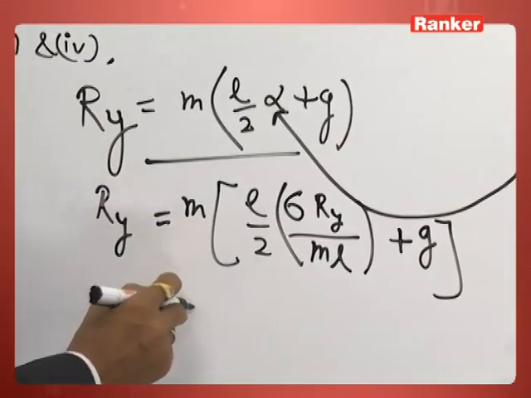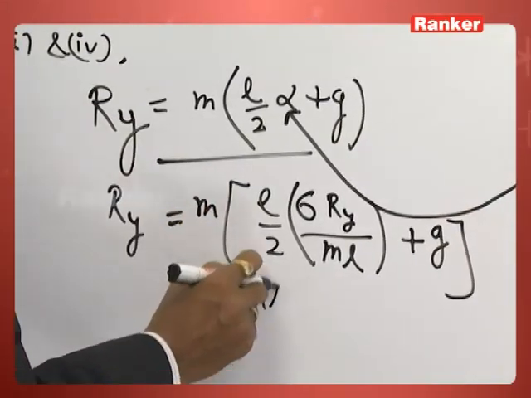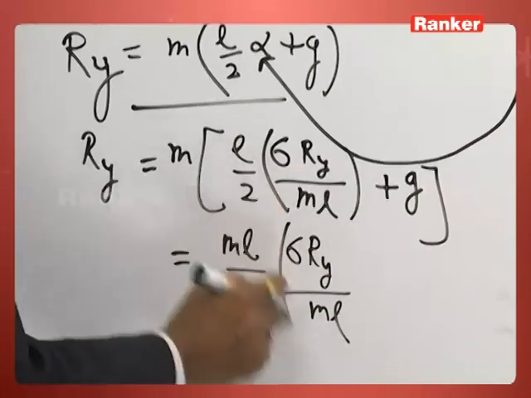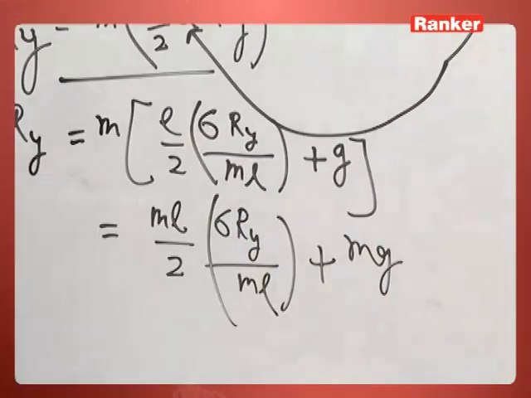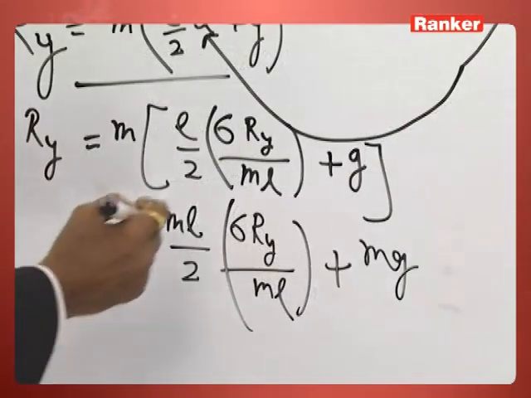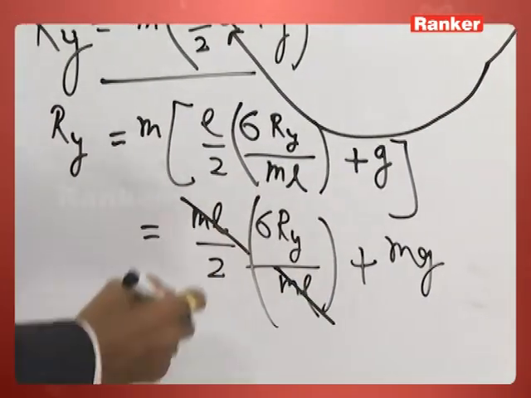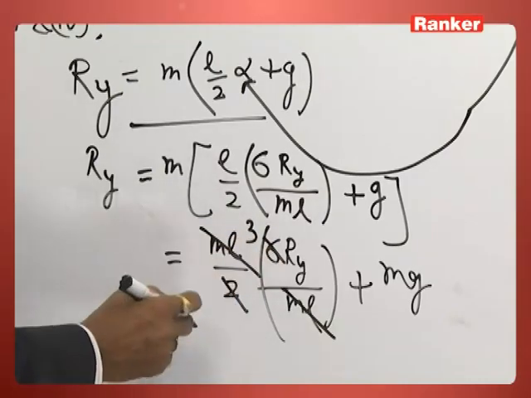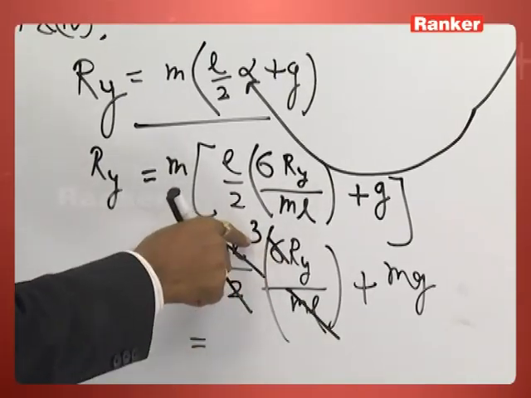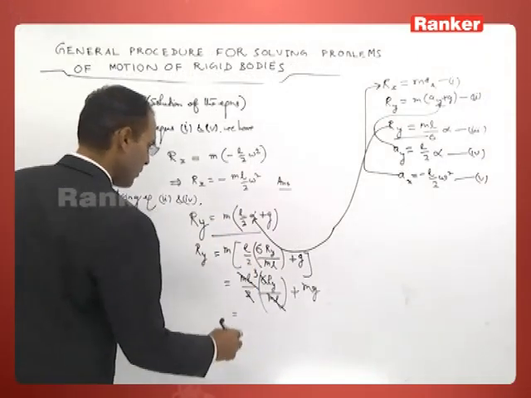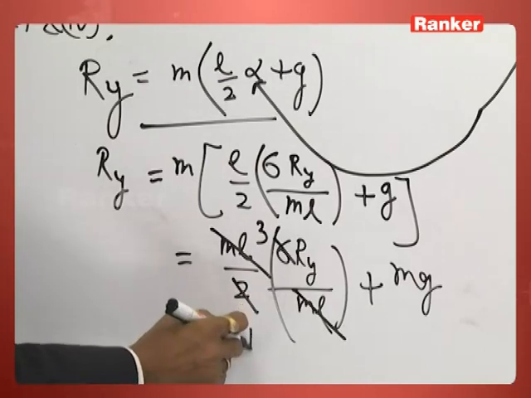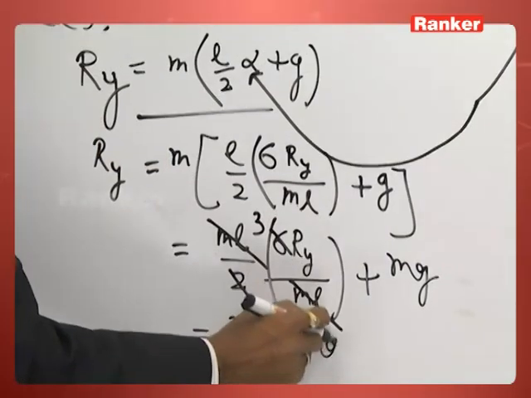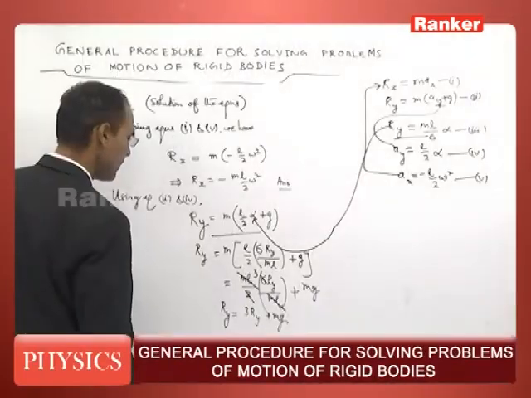So we are getting ml by 2 into 6 Ry by ml plus mg. ml will be getting cancelled. 2 and 6, if you cancel, we are getting 3 in the numerator, that is 3 Ry plus mg is equal to Ry.